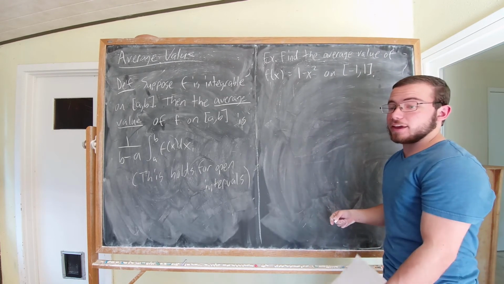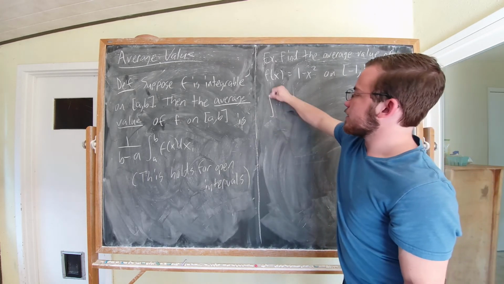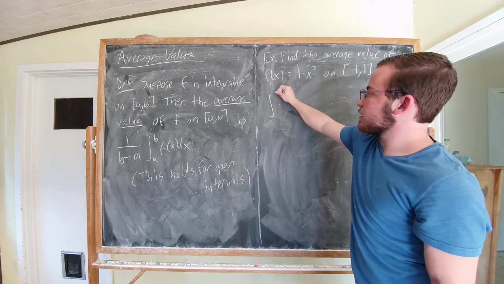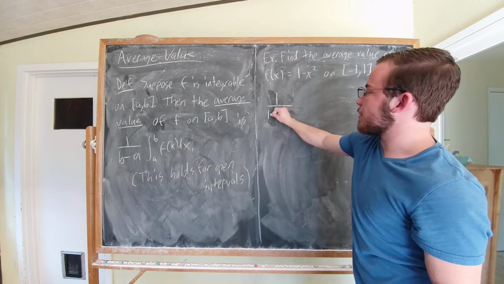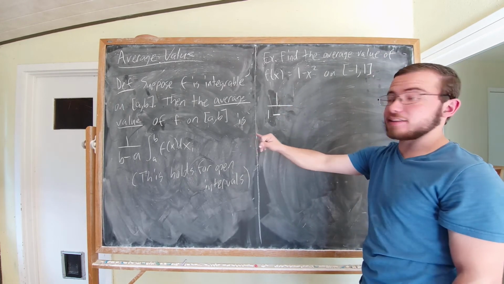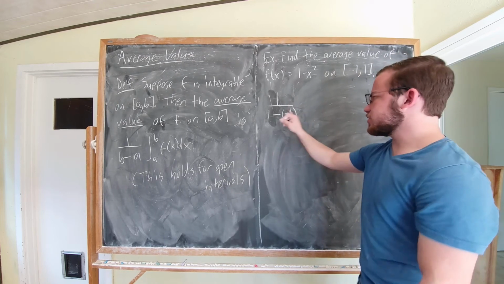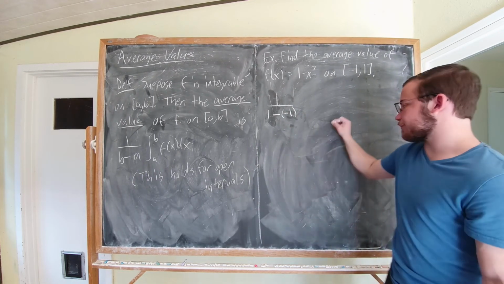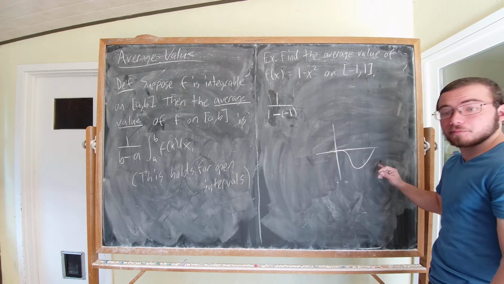Alright? Well, they give us the problem. We set it up immediately like the definition. This is going to be 1 over, 1 is our b, so 1 minus our a. In this case, our a is -1. Side note, it's okay if this ends up being a negative number out in front. The average value of the function could be below 0, and that's okay.